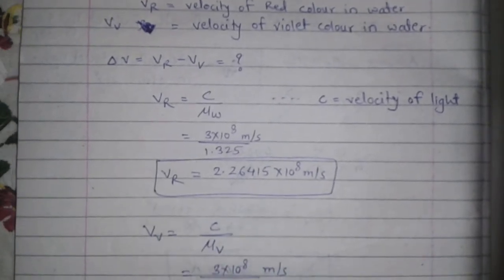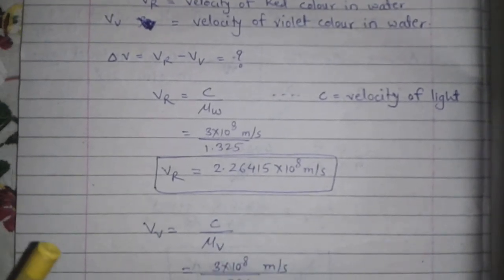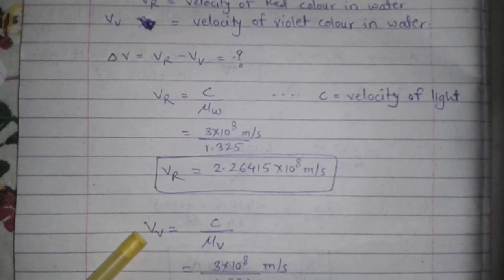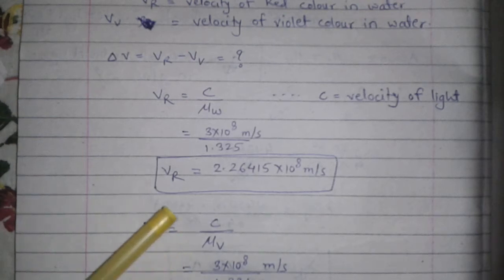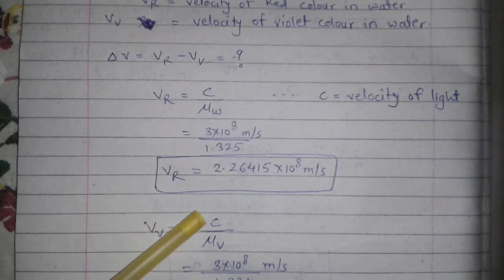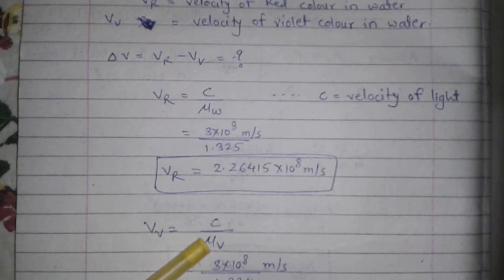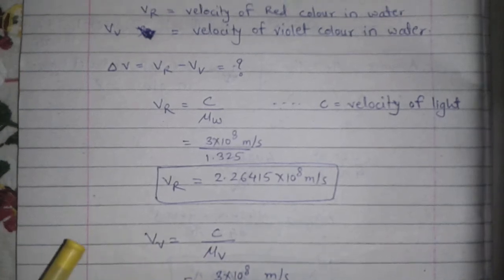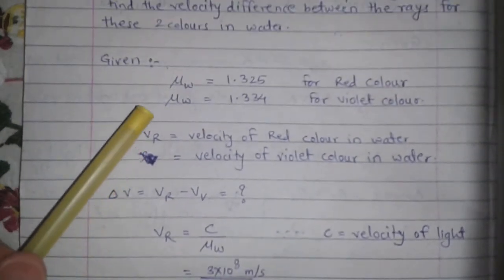Now we will find the velocity of violet color in water. It is given by the formula Vv is equal to C upon mu V, where C is the velocity of light and mu V is the refractive index of water for violet color.